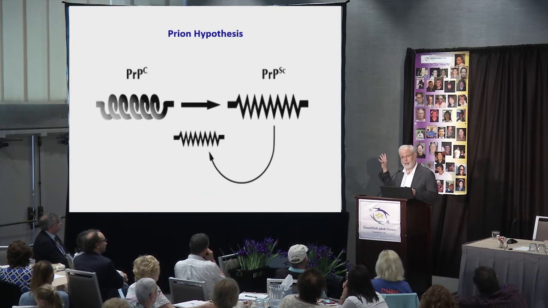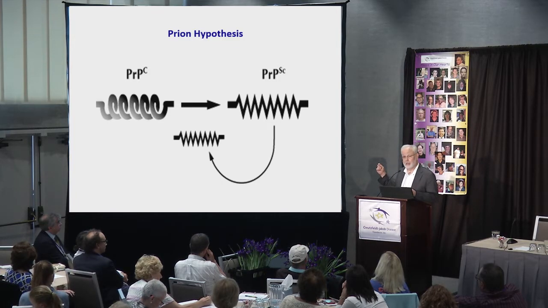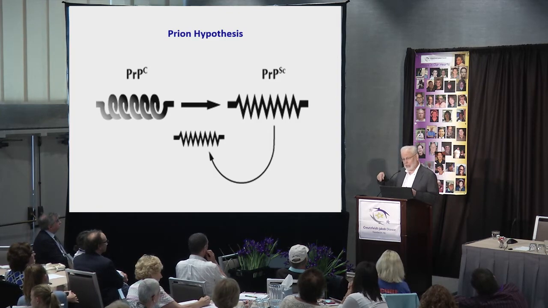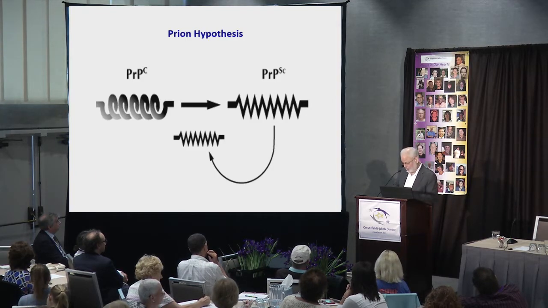PrPSc then acquires the ability to convert PrPC, the normal cellular protein, into more of the disease-associated form. So a good guy and a bad guy enter the scene, and two bad guys leave. So that's basically the prion conversion in a nutshell.